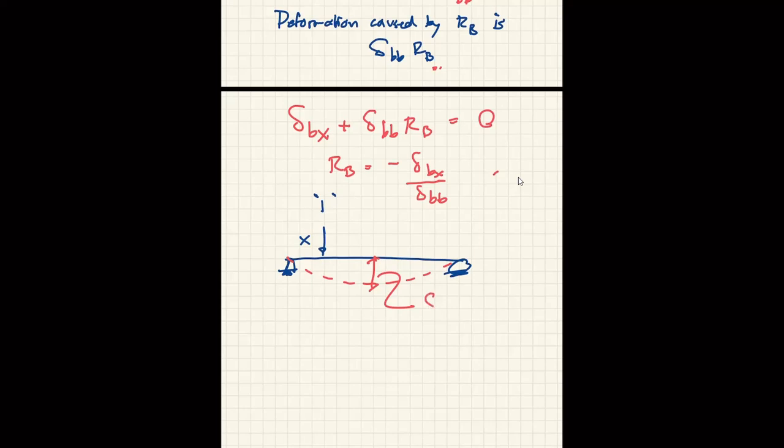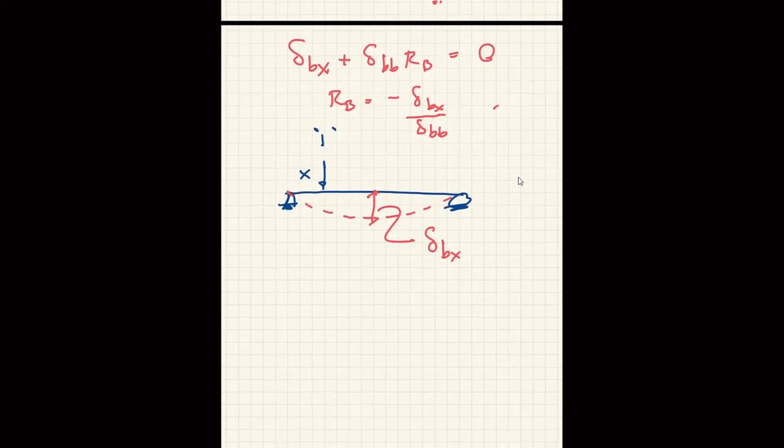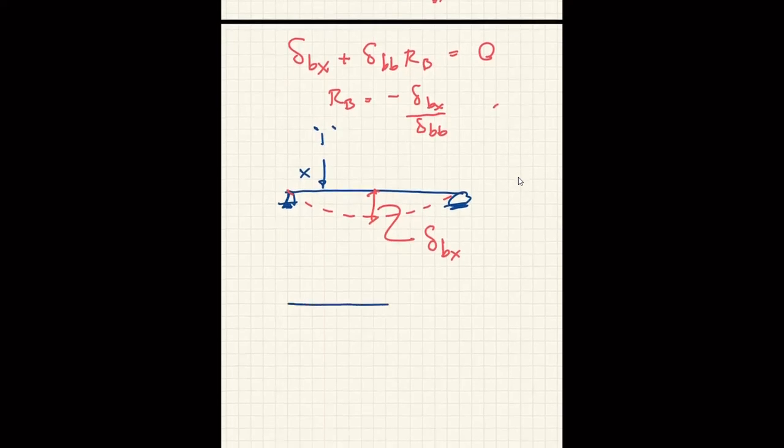This is called delta Bx, right? Deflection at B caused by the unit load at X. But Maxwell reciprocal theorem says that this is equal to delta XB.